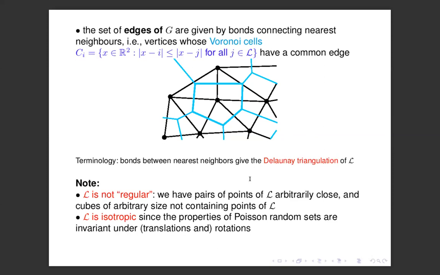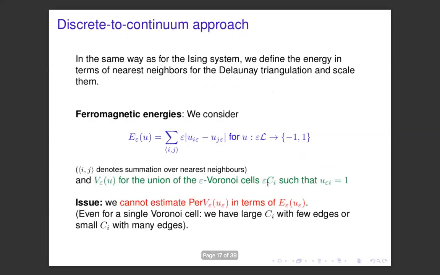So this is a drawback, but on the other hand, this set is isotropic, because the properties of the Poisson random sets are invariant under rotations and translations. So this is an isotropic set, an isotropic environment, say.